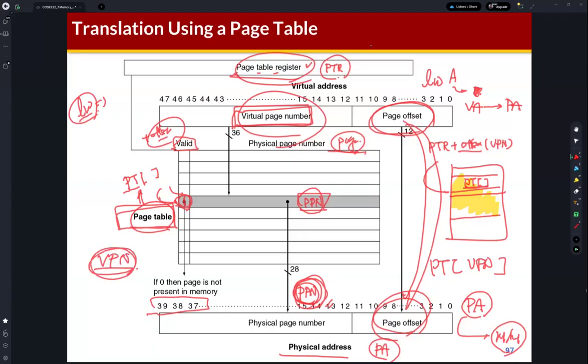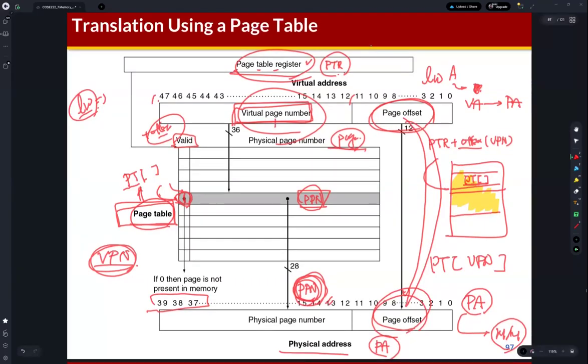And how many virtual page numbers? For this example, the number of bits for the virtual page number is 36, right? So it means this page table includes 2 to the power of 36 entries. So it's actually very huge.